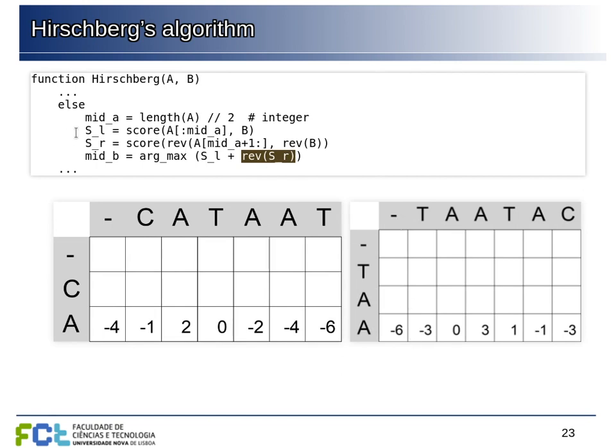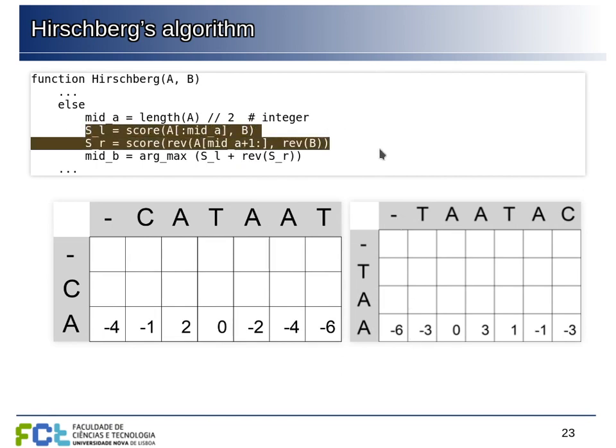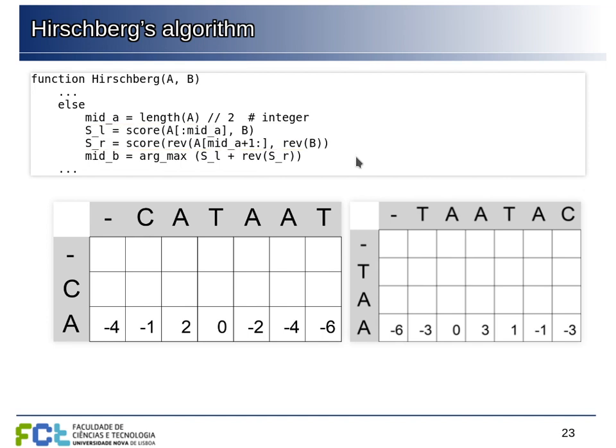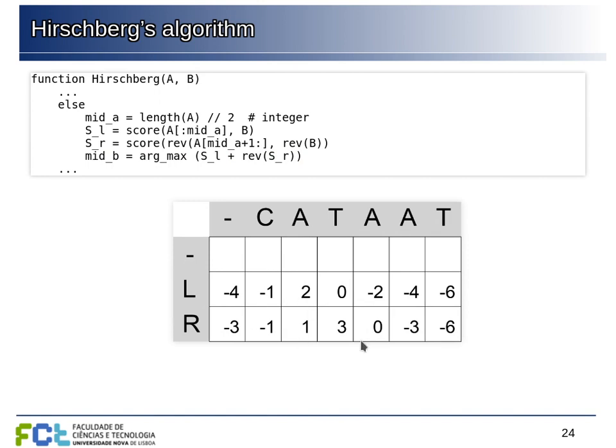So this trick is a bit difficult to imagine, so you probably need to review this step by step, but it works in this way. If we reverse the two sequences and then reverse the scoring vector again, we can just add these two scoring vectors and take the position of the maximum value. So this argmax is the position of the maximum, for example here or here, this would be equivalent.